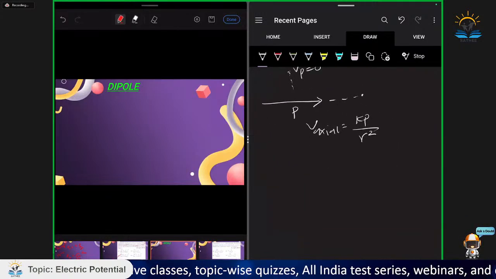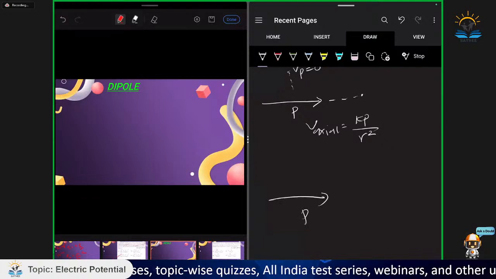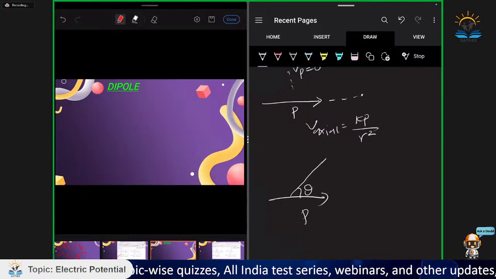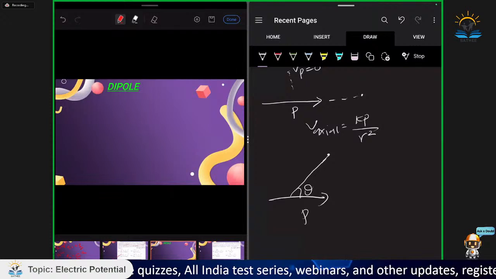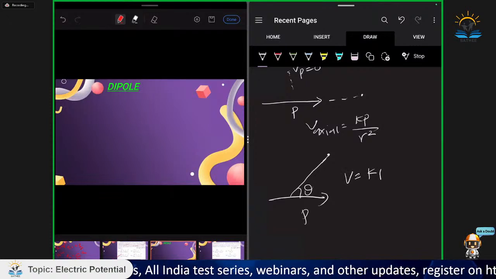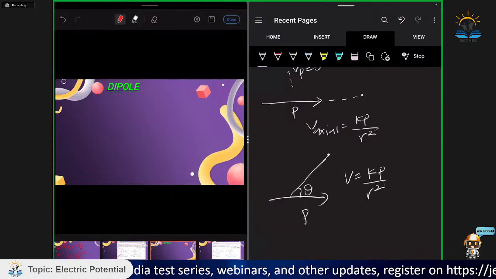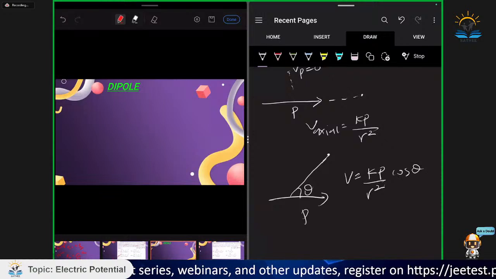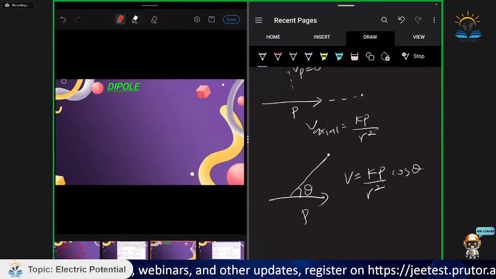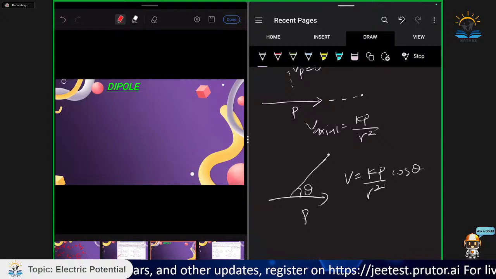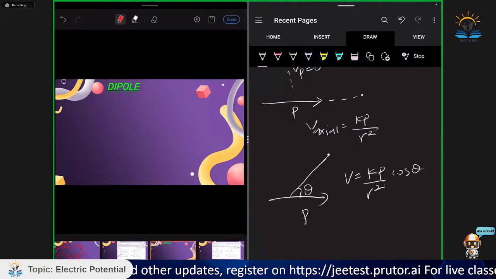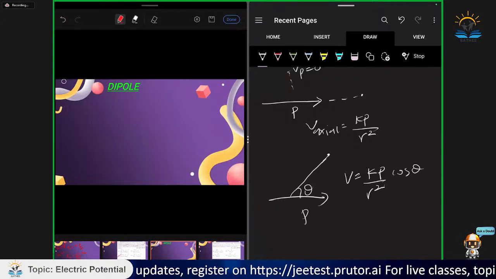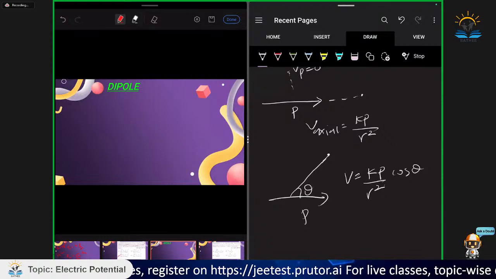And at a given angle theta, potential is equal to kp by r square into cos theta. Cos 0 on the axis gives kp by r square, and perpendicular cos 90 is 0. Easy? Yes.